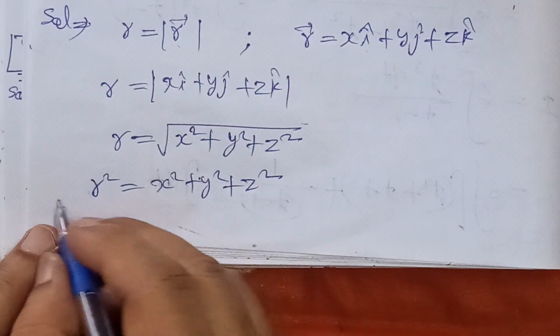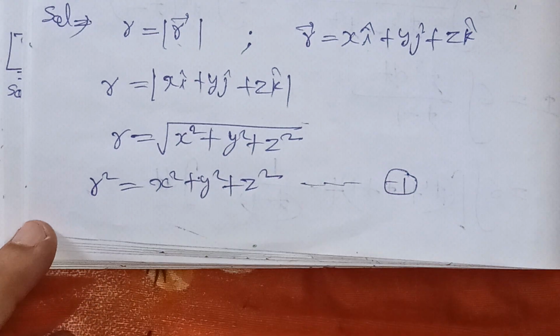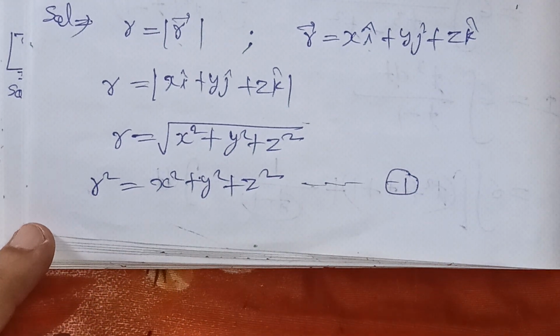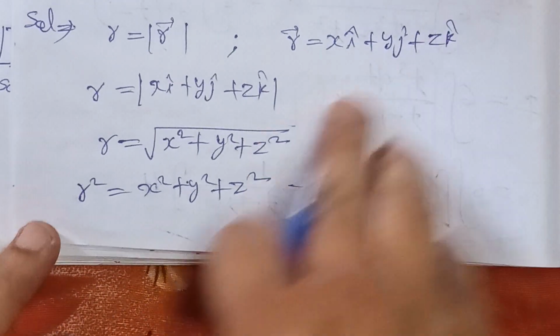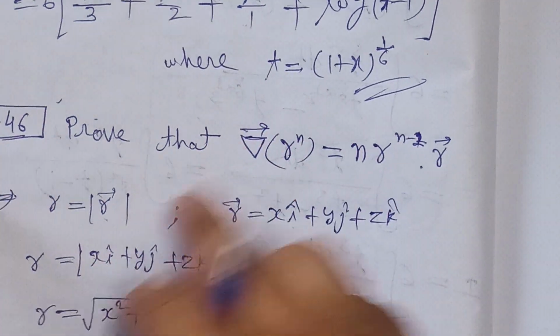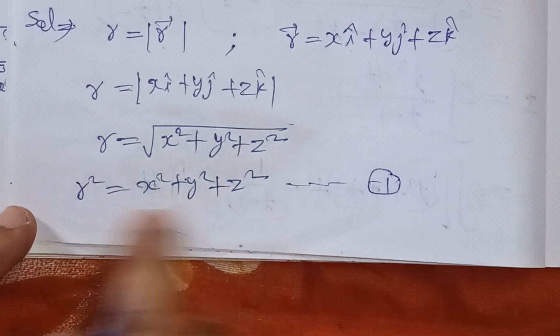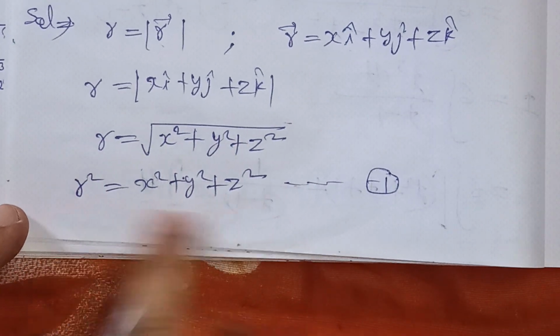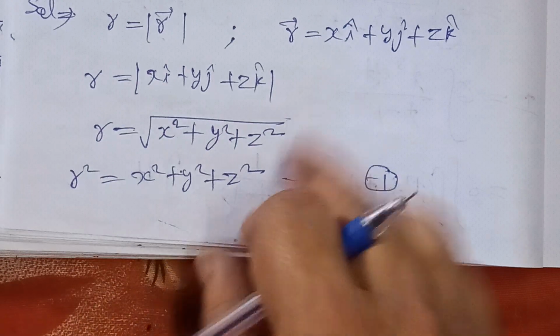This is the relation which we will use in succeeding steps in proving this value. So first of all, I differentiate this partially with respect to x first and then y and z.